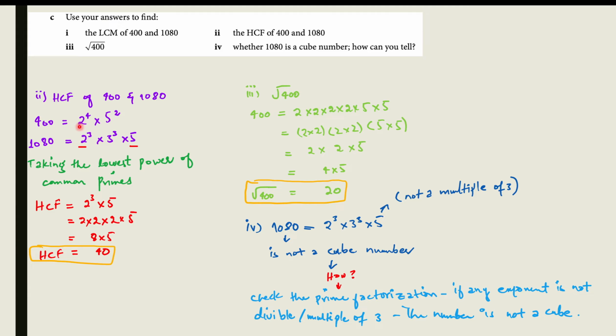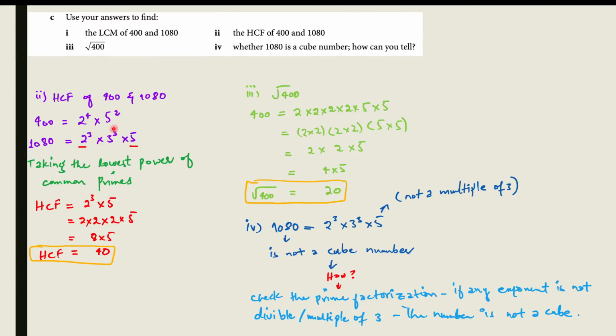In here, the lowest power of factor 2 is 3. The lowest power of factor 5 is 5 raised to the power of 1. One thing that is different than the LCM is that we take the lowest power of common primes, the primes that are common in both the numbers.